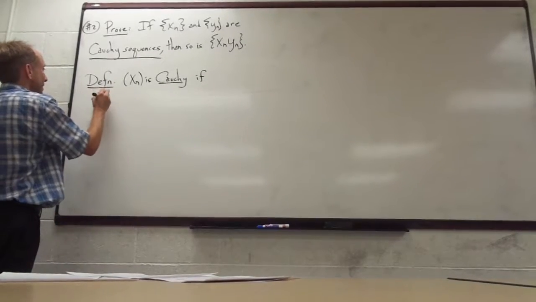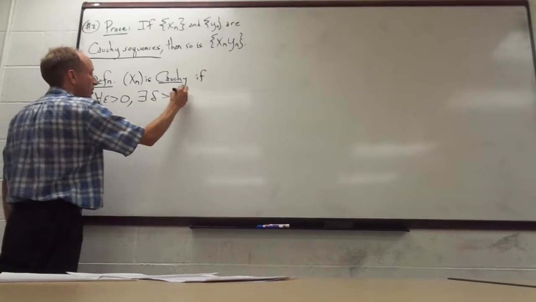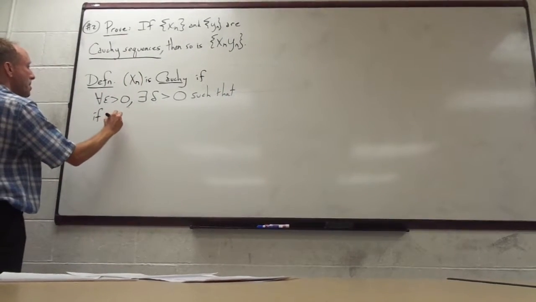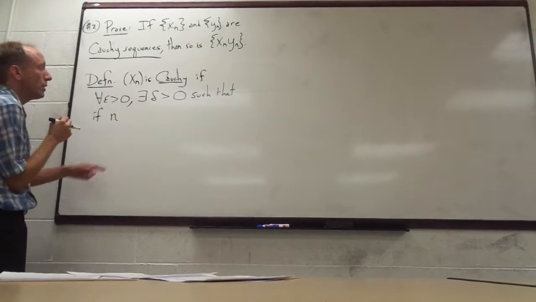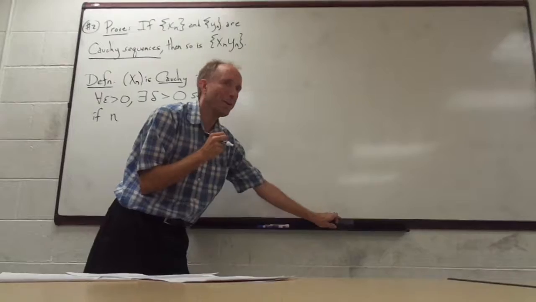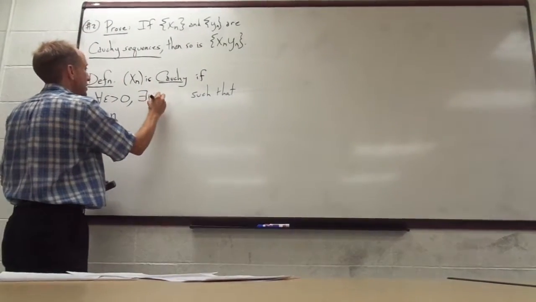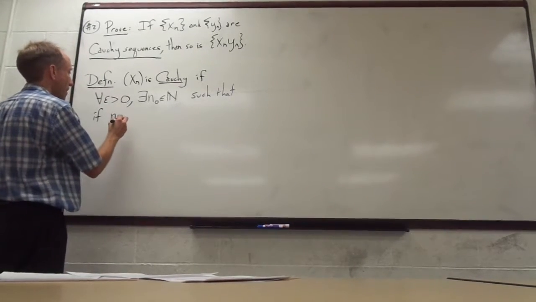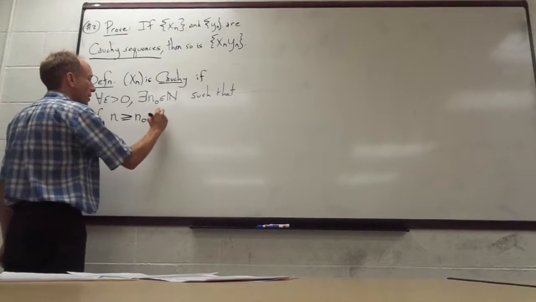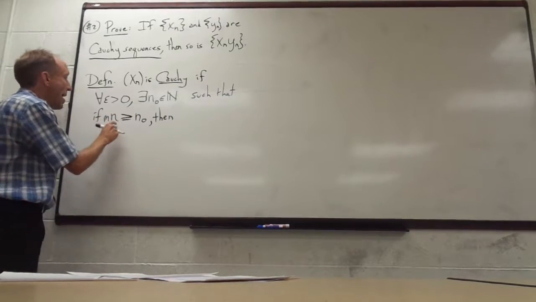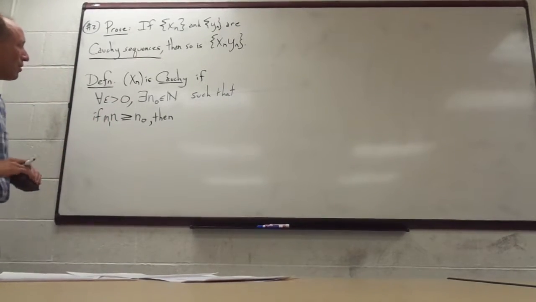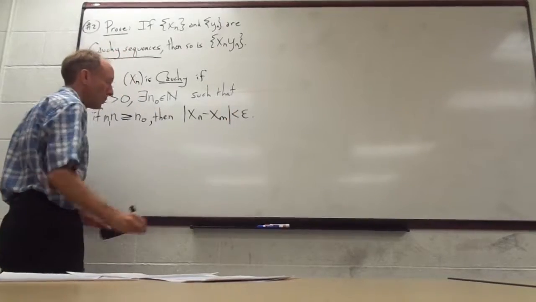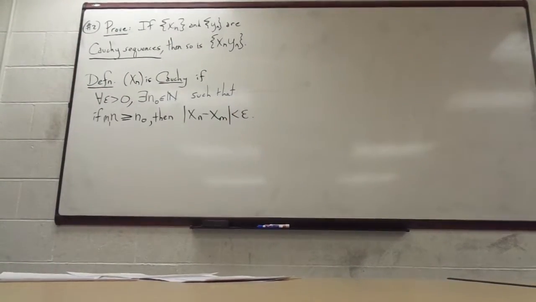For every epsilon greater than 0, there exists an n naught in the natural numbers such that if n and m are greater than or equal to n naught, then the absolute difference xn minus xm is less than epsilon.